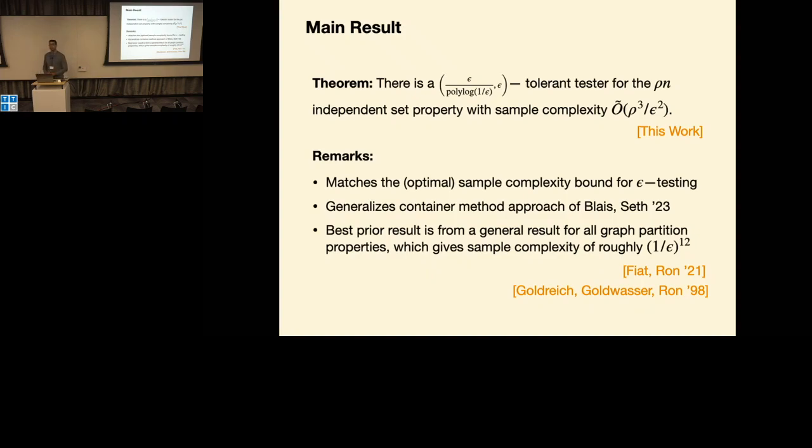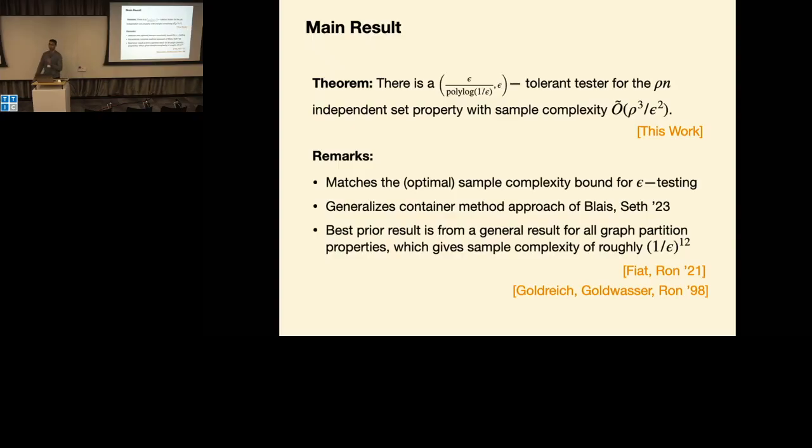Do you have a question? Yes. Previously you mentioned that one of the interesting regimes is when epsilon 1 is on the order of epsilon 2. Does your result also extend there, potentially with a larger sample complexity, or does it not apply? Good question. Was your question about a fully tolerant tester? Yes.